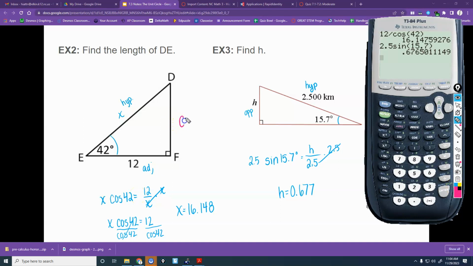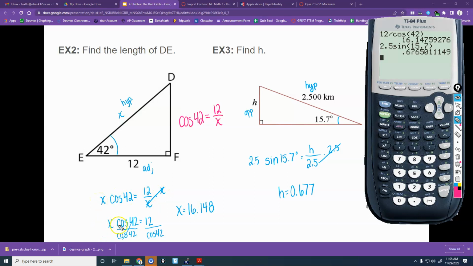You're going to have cosine of 42 equals 12 over x. So your x is in the bottom of the fraction here. So you cannot just do 12 times cosine 42 like we did on the other problem because you're not dividing by 12 right here. So whenever you have that x in the bottom, you want to multiply both sides by x.